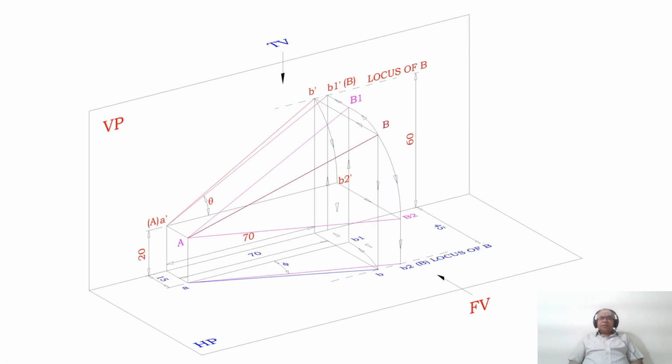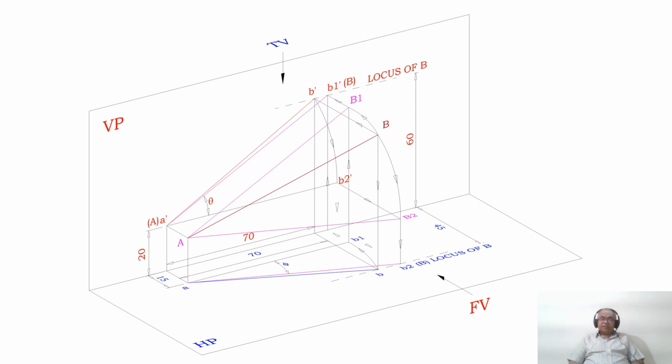Now, similarly, I have to do it in the top view. How to do it in the top view? Now the line is in space, and I want to find the true length in HP. Since I want to find the true length in HP, I should make the line parallel to HP.